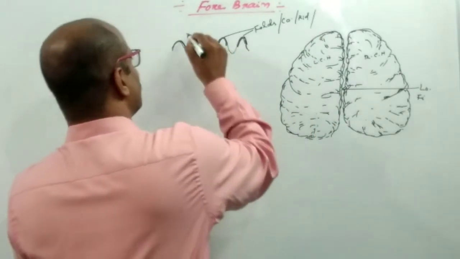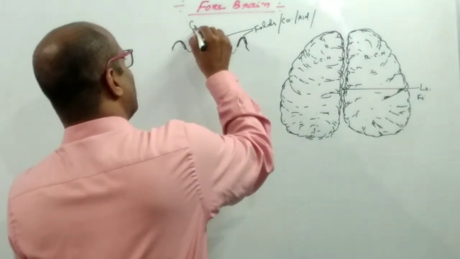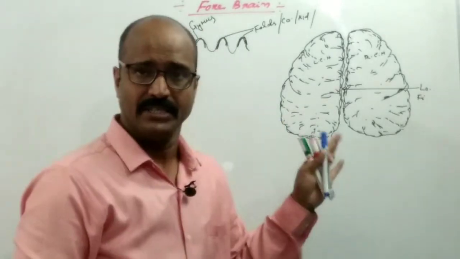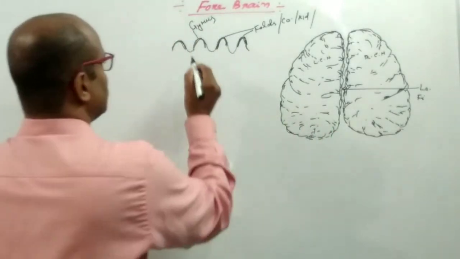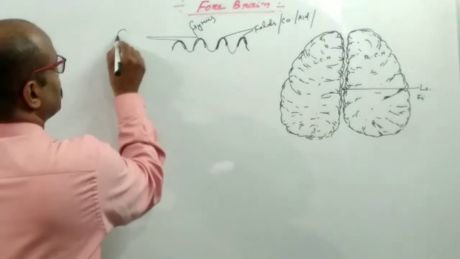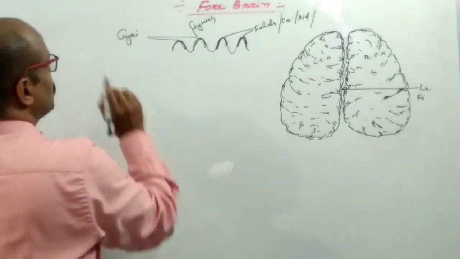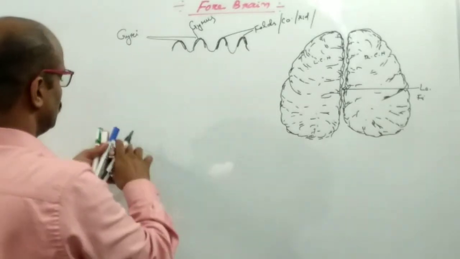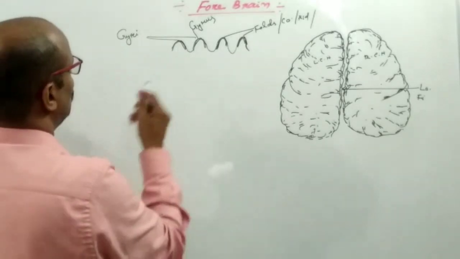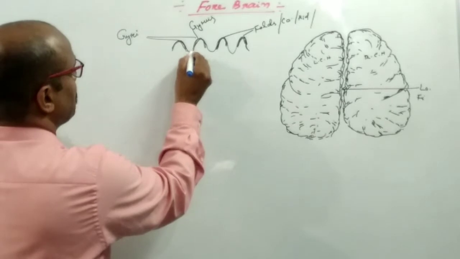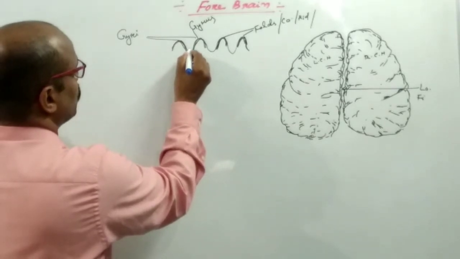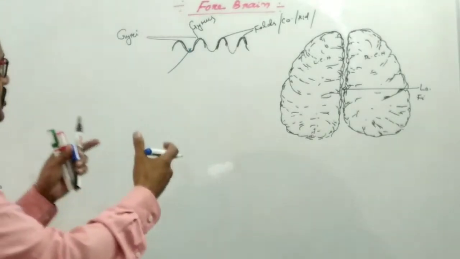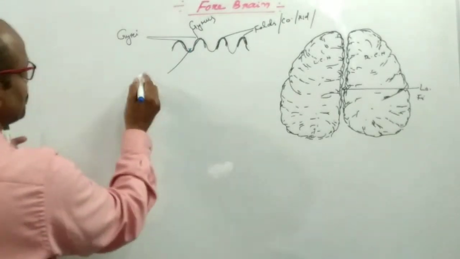The singular is gyrus, and the plural is gyri. Two convolutions or two gyri are separated from each other by a furrow or depression, which is known as the sulcus.